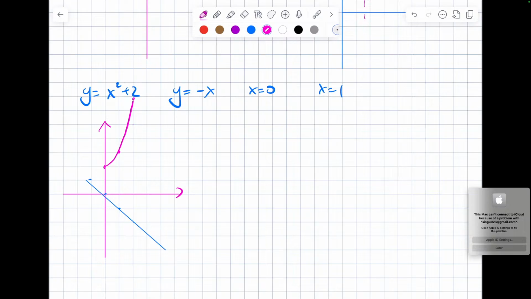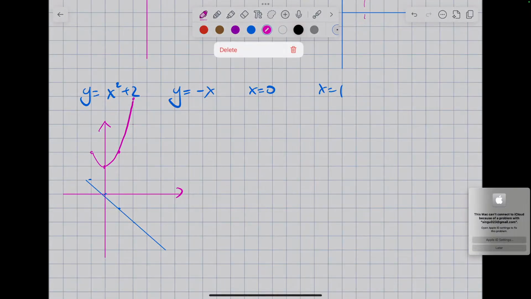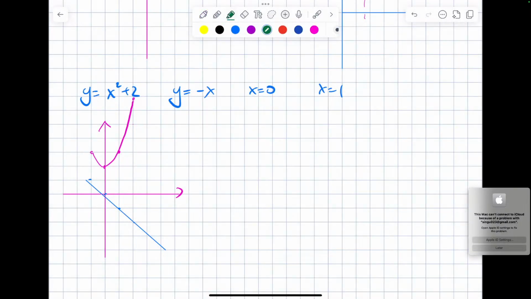And they also have another function from here to here. So the area between the curve is going to be this part.